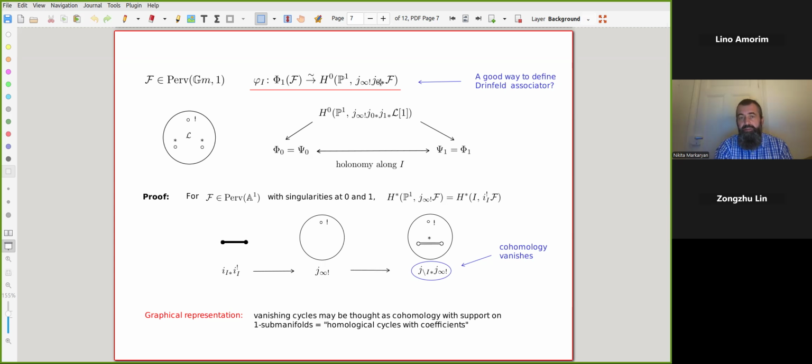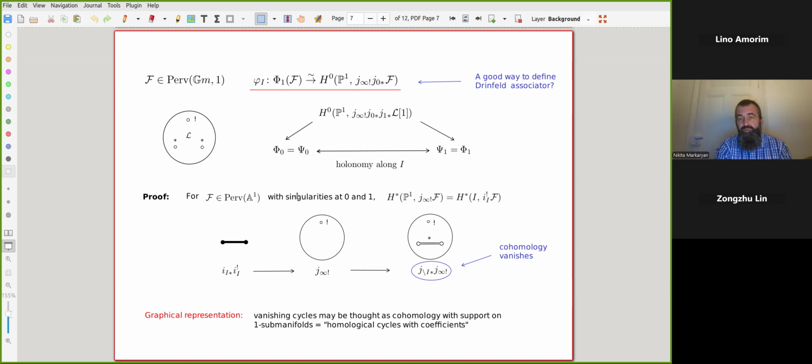So it gives us this isomorphism. In particular, it means that we have an isomorphism between nearby cycles at 0 and nearby cycles at 1. And this isomorphism is exactly the holonomy of our local system along this straight line. It's the property of our isomorphism.